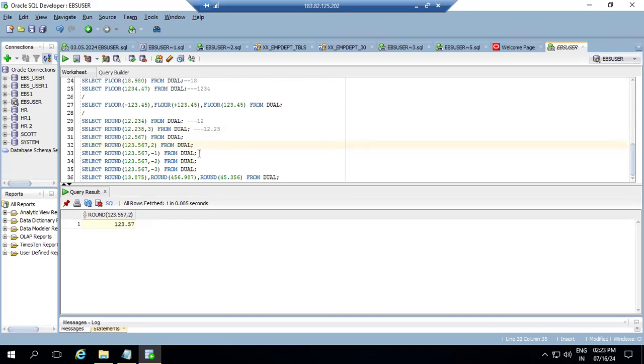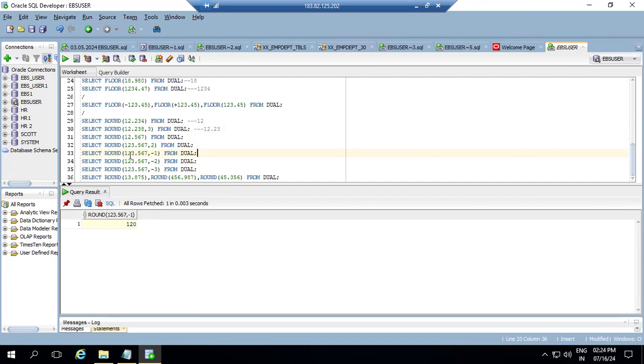Now when we come to the minus, when we use this minus functionality, what happens here? Round of 123.567, minus 1. The output is 120. How is it showing 120? When it is minus 1, it goes to the left side of the decimal place. This is the right side and this is the left side.